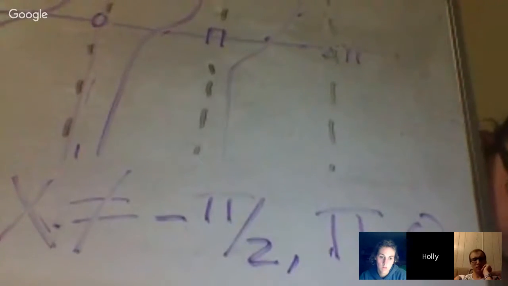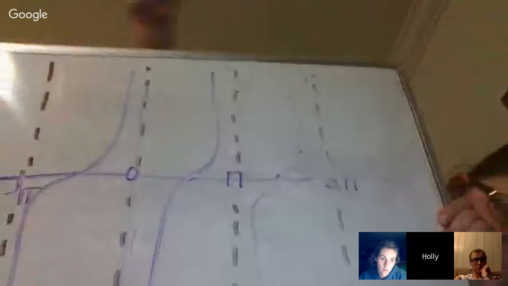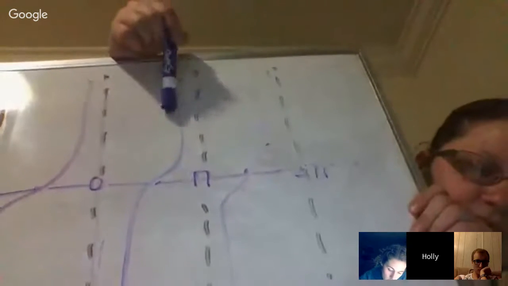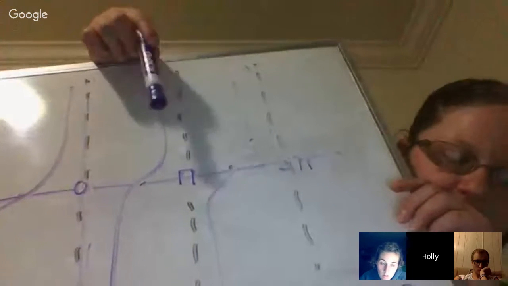X cannot be pi over half, 0. So you just write the asymptotes, or what it can't be, because it never touches those. Right, it never touches the dotted lines. So that's what your domain is: you just write the asymptotes.